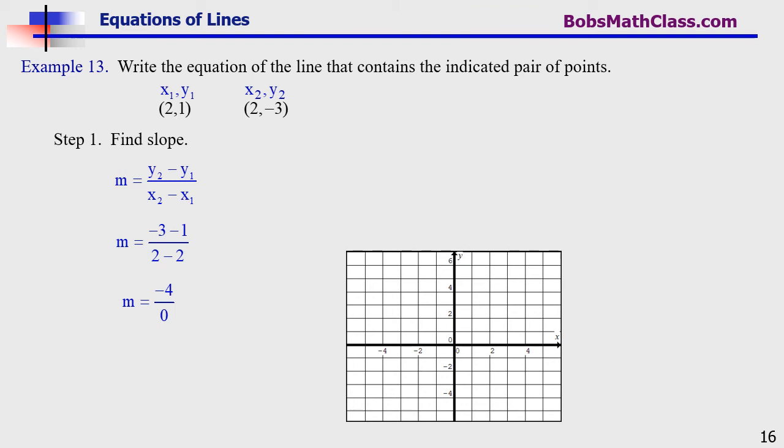You didn't say 0, did you? Okay, good. Anytime we have 0 in the denominator, under the fraction bar, it is undefined. If you put it in your calculator, it should say undefined also. It could say error depending on your calculator, but usually it says undefined.